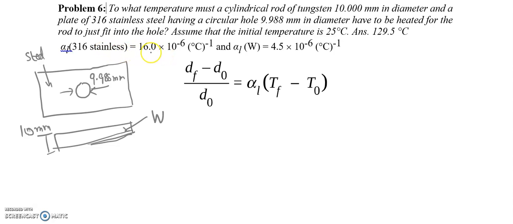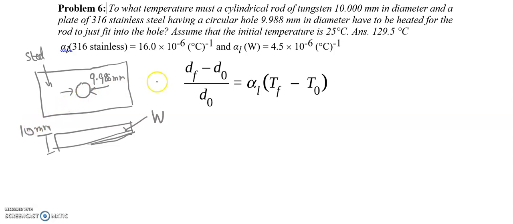You can see that the steel will expand at 16 into 10 to the power minus 6 per degree centigrade, the thermal expansion, and the tungsten is 4.5. So tungsten will also expand, but since steel will expand much faster, the hole will become big enough to fit this rod. But in that case, this rod will also become bigger.